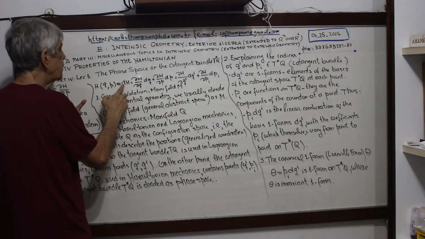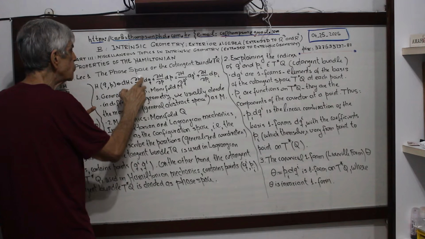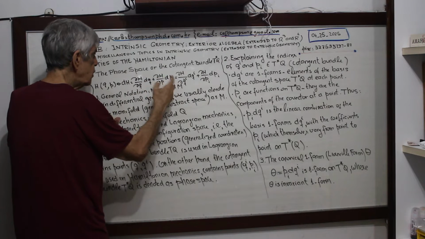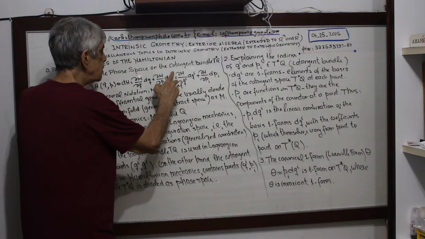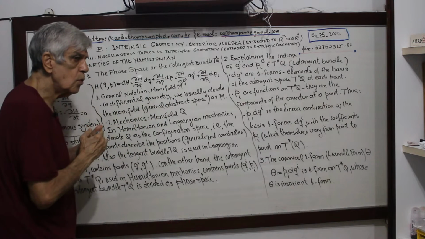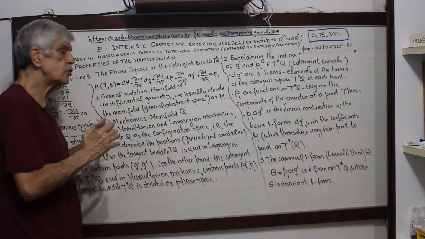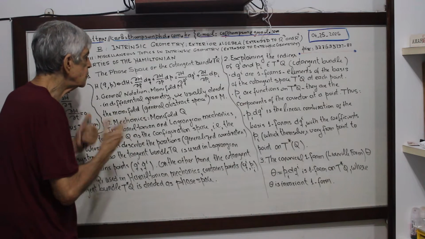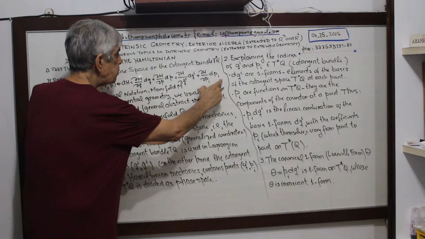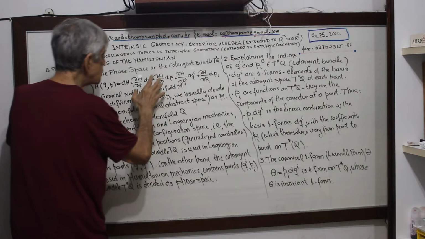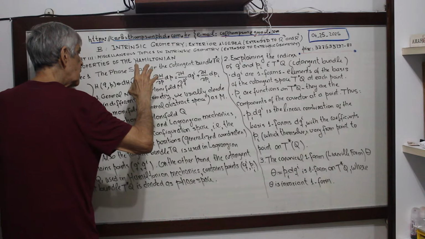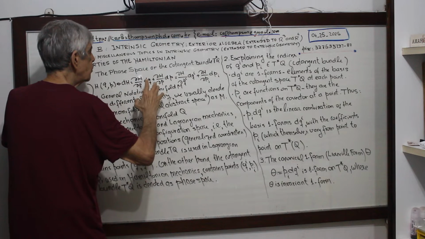The differential dH is the partial derivative with respect to q times dq, plus the partial derivative of H with respect to p times dp. p is the momenta and q are the generalized coordinates, represented by q^i and p_i.